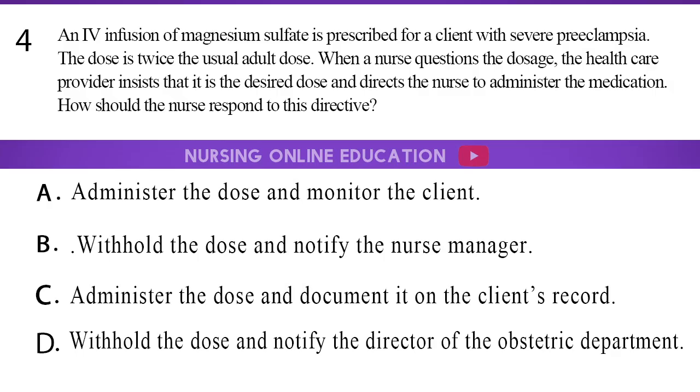C. Administer the dose and document it on the client's record. D. Withhold the dose and notify the director of the obstetric department. The answer is option A. Administer the dose and monitor the client.